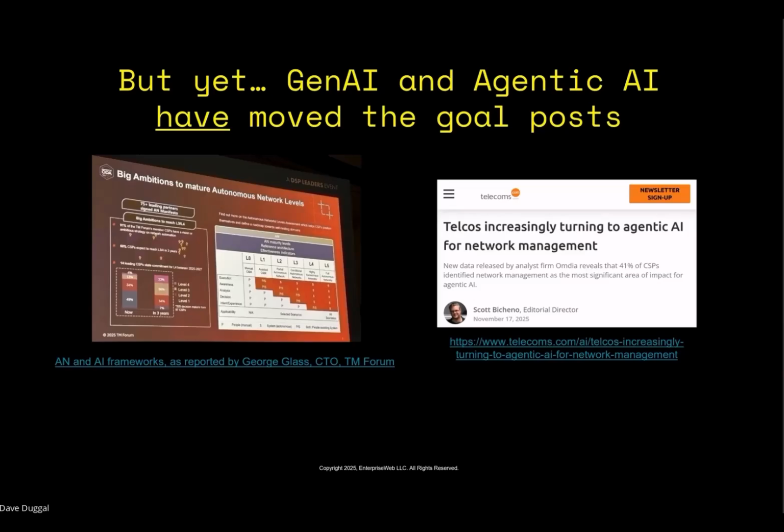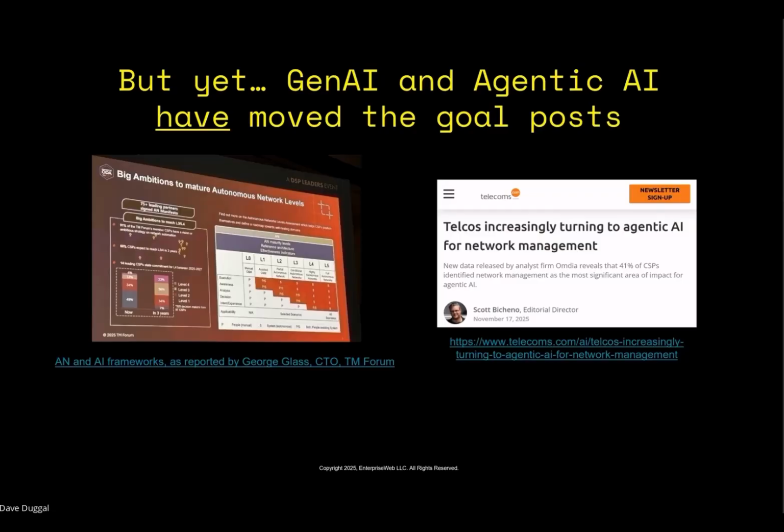There was just this article from November 17th on the right side, telcos increasingly turning to Agentic AI for network management, and the link's right there. And then of course the TMF is now creating these maturity models for autonomous networks, even though the latest reports show that it's mostly still just chatbots for customer service. But clearly you could see the trajectory, right?